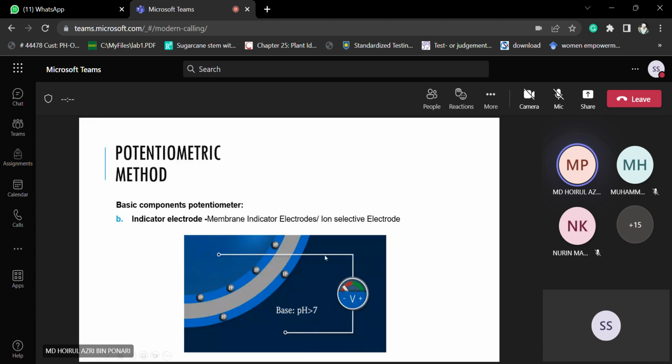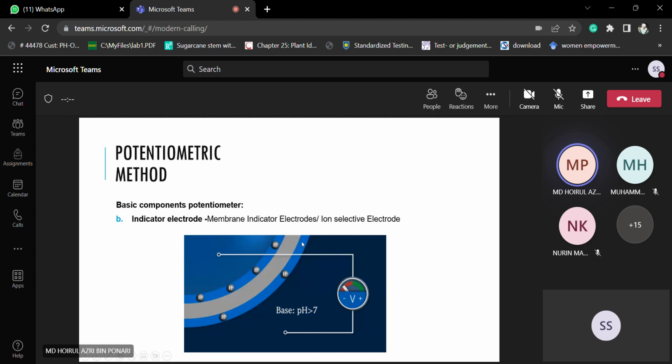Okay, so what will happen when we have a lower hydrogen ion concentration? For example, here we have an alkaline solution. In alkaline solutions, we have a very low concentration of hydrogen ions compared to acidic solutions. So here we have our pH meter, we have the reference solution, and then we have the solution that we want to detect, which is alkaline.